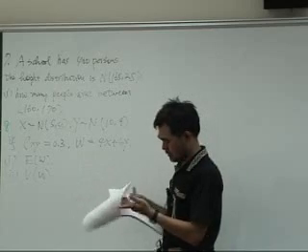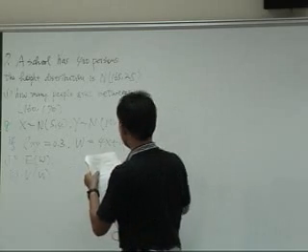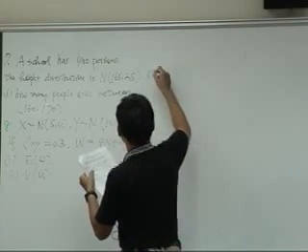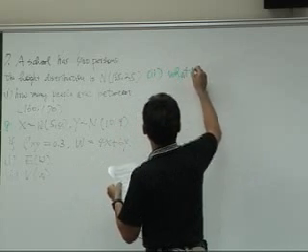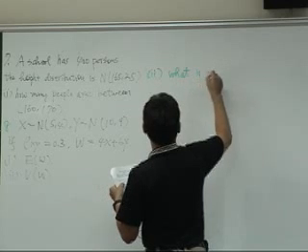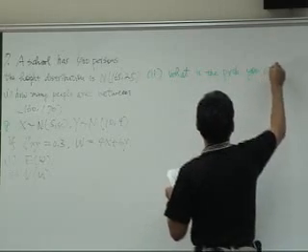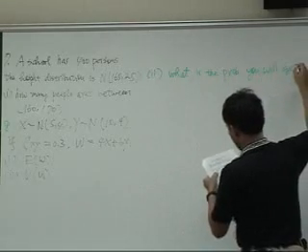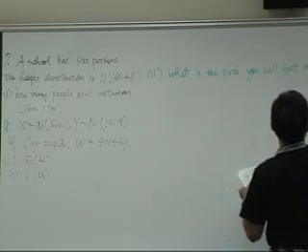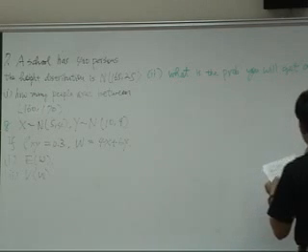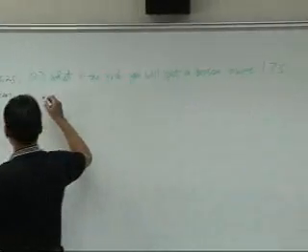And then the next question, the second one, is what is the probability you will get a person... The third one.